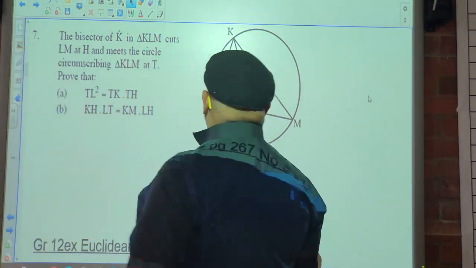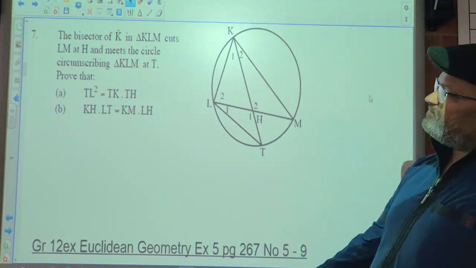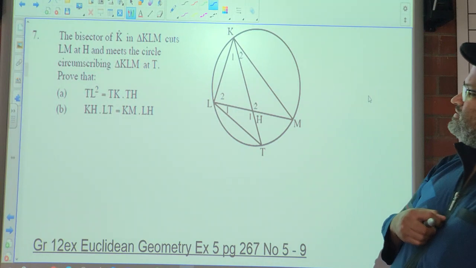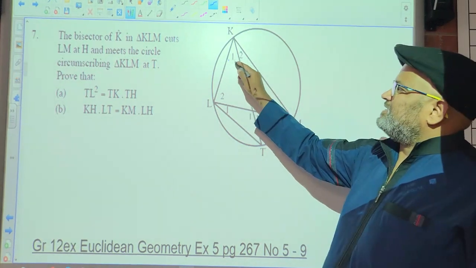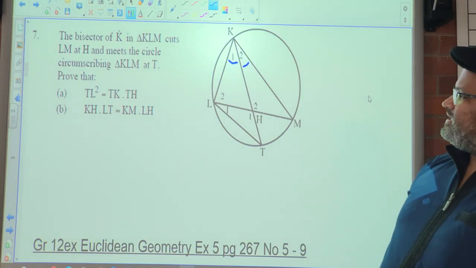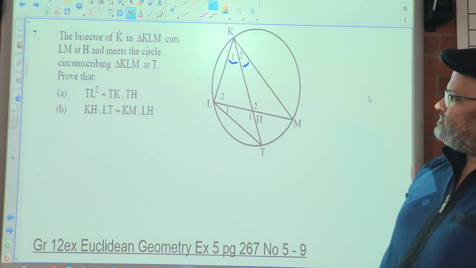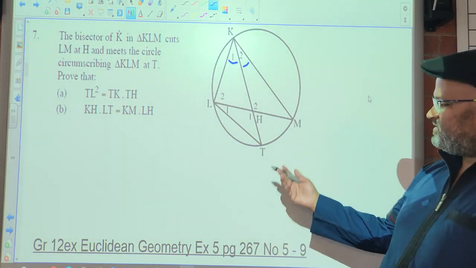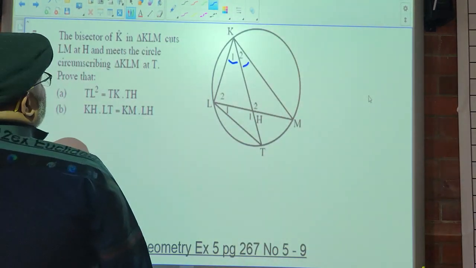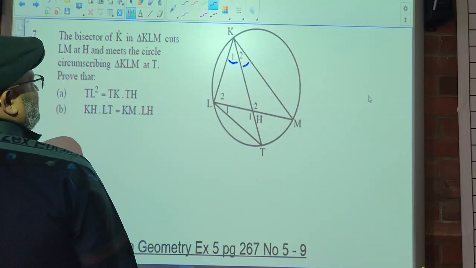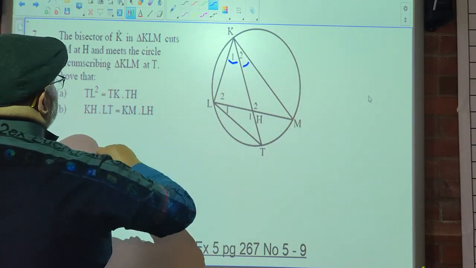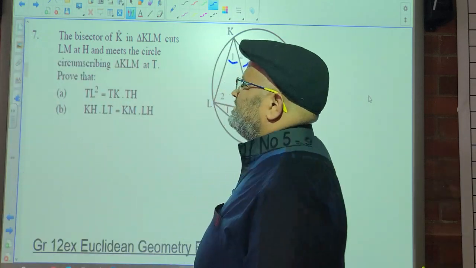The bisector of angle K, what does that mean? That KT is bisecting angle LKM, or K1 is equal to K2. The circle circumscribing triangle KLM meets at T. What does circumscribing mean?